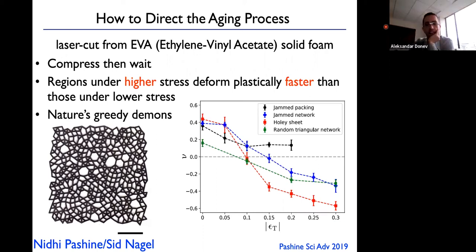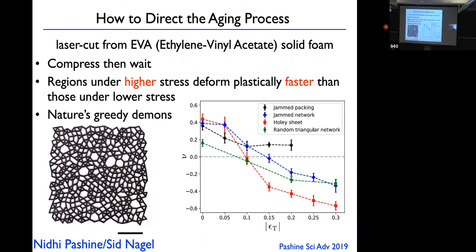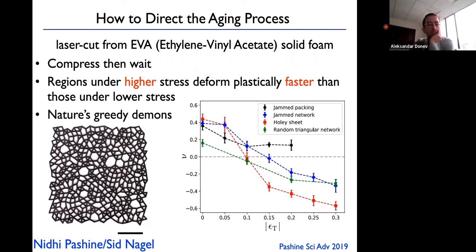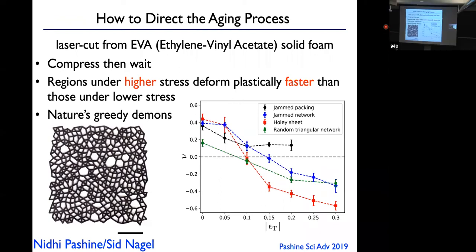Can I ask a question? This is Alex Donev here. Yeah, hi, Alex. When you let it sit for an hour, it reaches some sort of steady state where you can remove the frame and it doesn't go back to expanding? Correct. You remove it from the frame and then you measure the Poisson ratio.